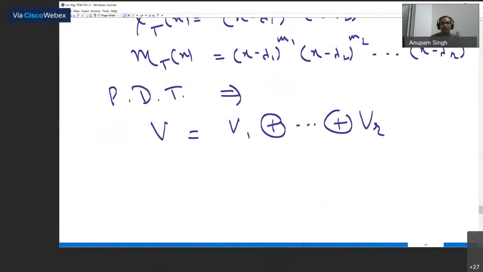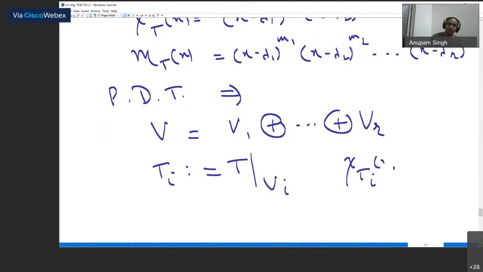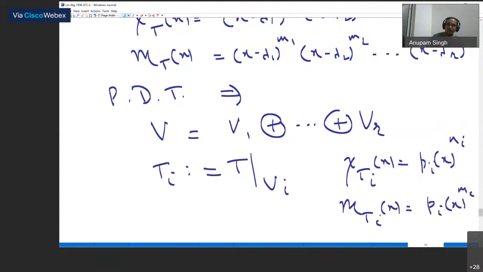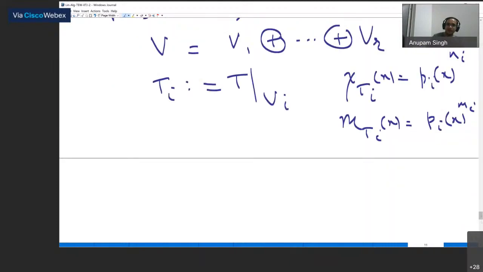From it we get this, and I have Ti, which is T restricted to Vi, with the property that the characteristic polynomial of Ti is exactly Pi(x) to the power Ni, and the minimal polynomial of Ti is simply Pi(x) to the power Mi. Right. So this I get from the primary decomposition theorem.